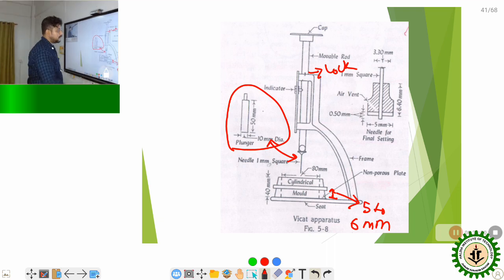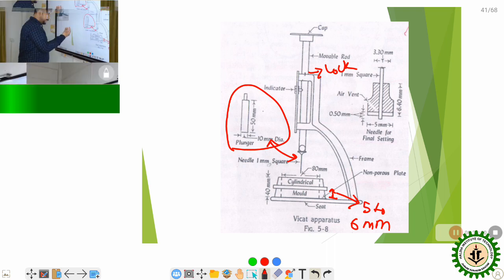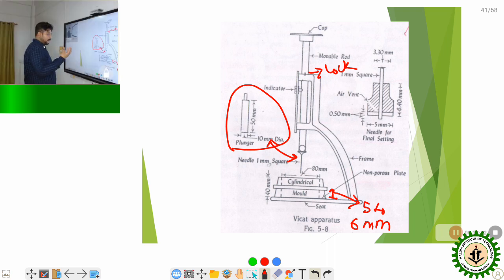And similarly for the final setting time, we use a 5 mm annular ring, and we freely move it after some hours or minutes, and it leaves just an impression. When the impression no longer appears, that time we record. The time gap from the start up to that point is known as the final setting time.